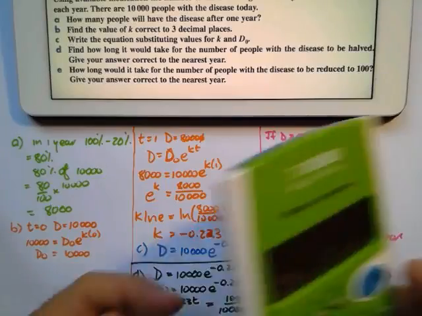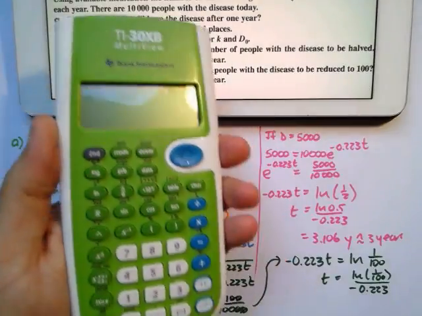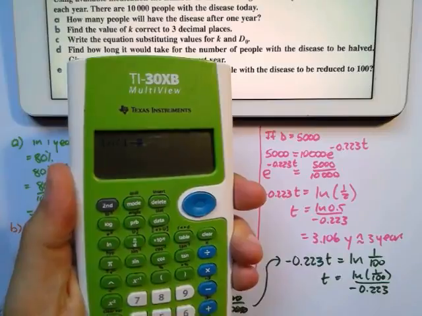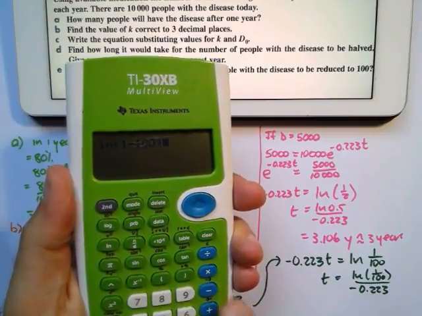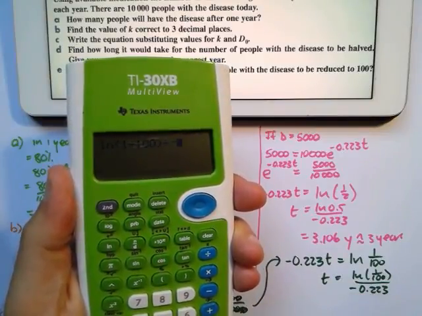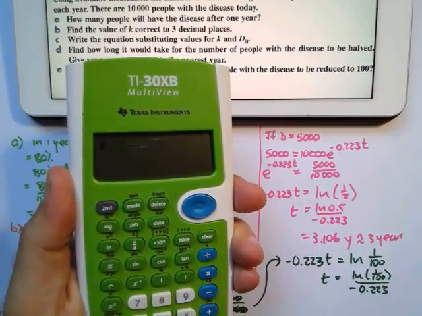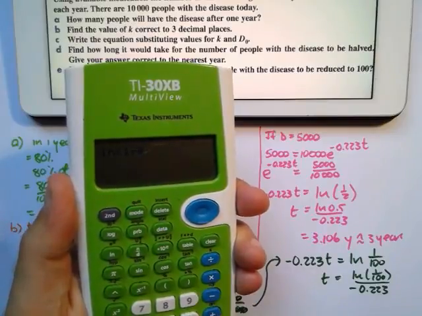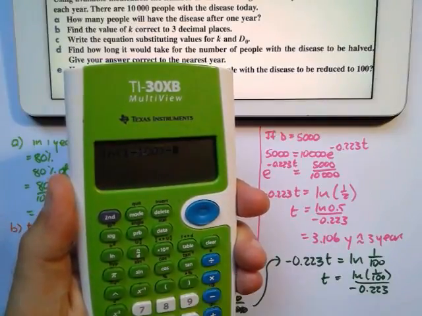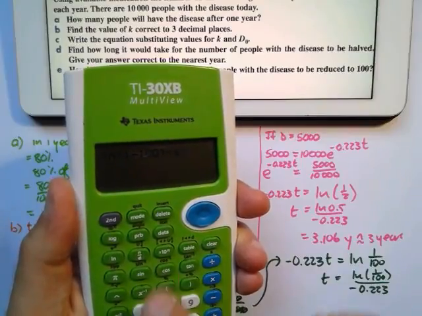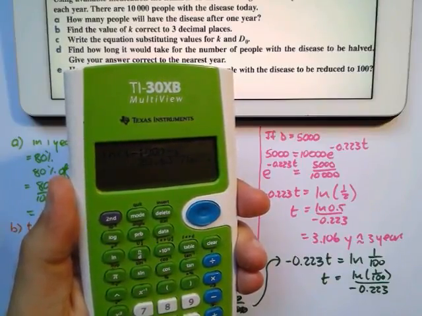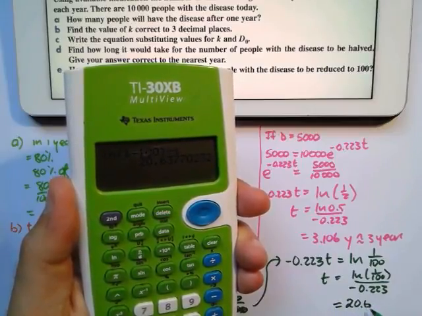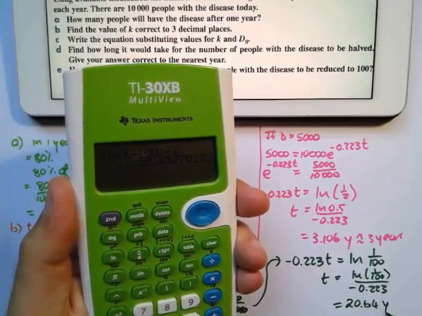On my calculator, clear. I'm going to say the ln of 1 divided by 100, close bracket, divide by, and I'm going to use my x because that's the stored value, and the answer is 20.64 years.